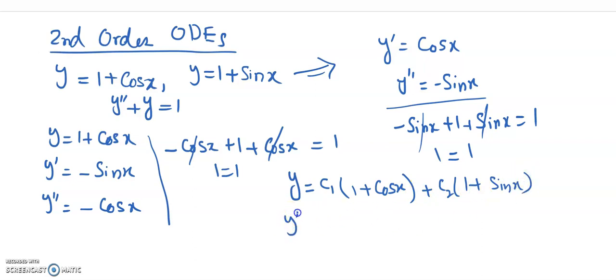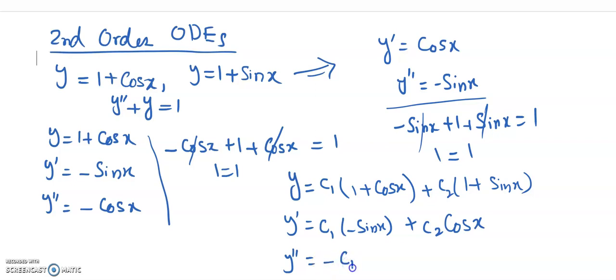So y prime will be equal to C1 into minus sine x, and because the derivative of 1 is 0, plus C2 into cosine x. So y double prime will be equal to minus C1 cosine x, and then minus C2 sine x.